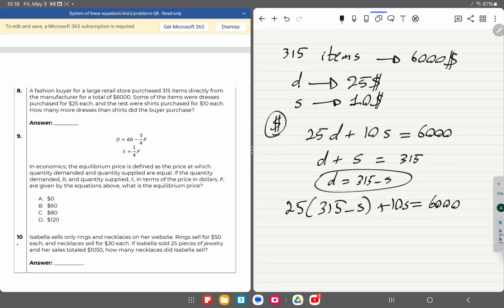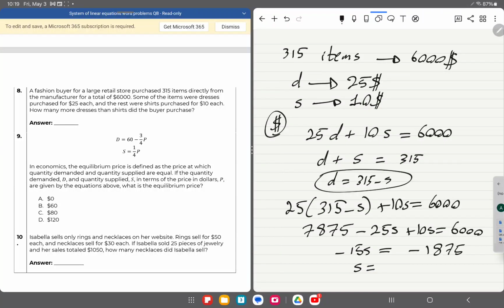25 times 315 is 7,875 minus 25s plus 10s is equal to 6,000. Now 6,000 minus 7,875, you would get minus 1,875 is equal to minus 15s.